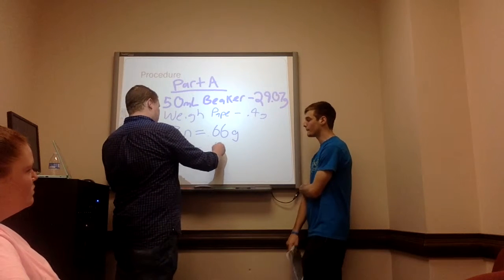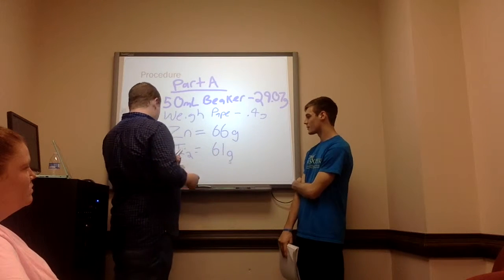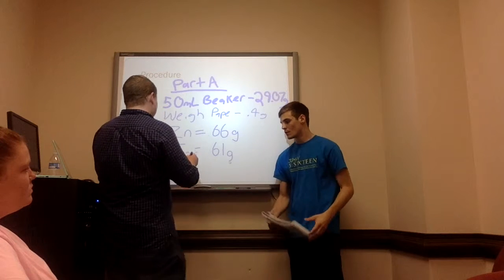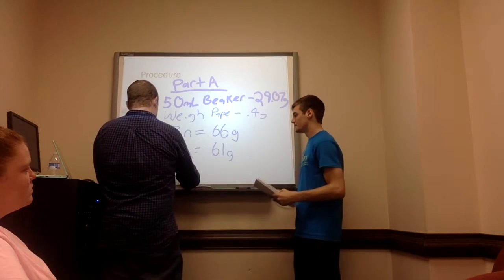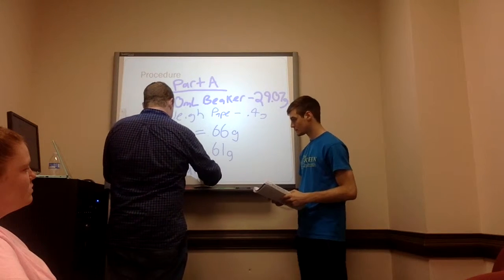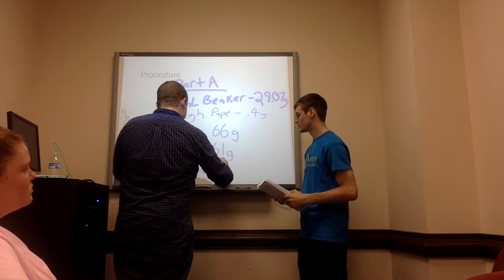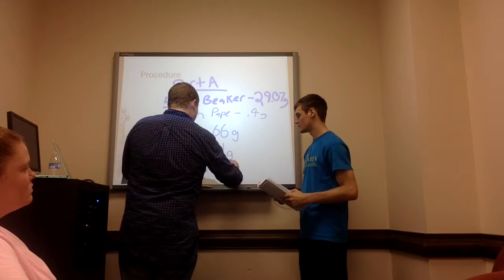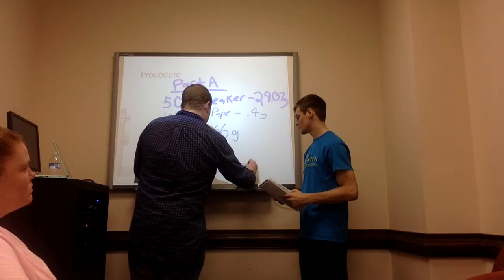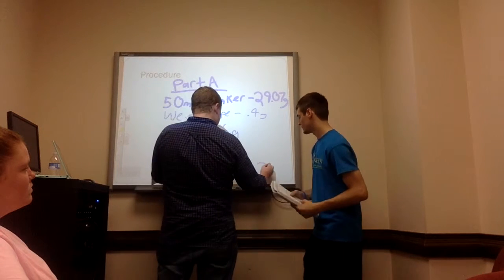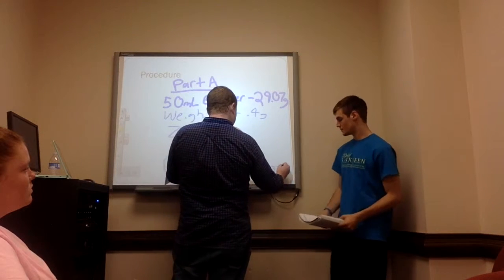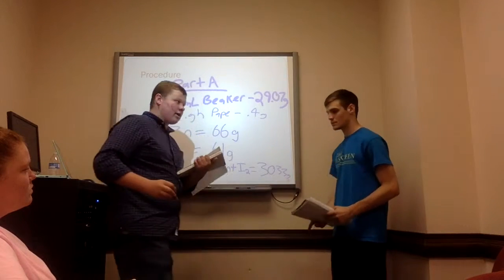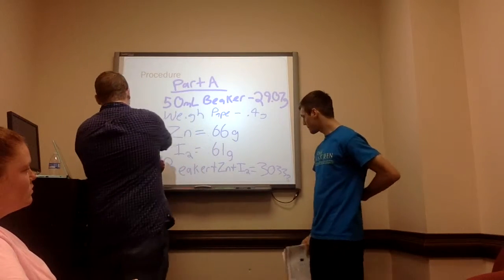Correct, 0.61 grams. And so that adds up for your total weight of the beaker, the zinc, and the iodine to be 30.33 grams, correct? That's what you said you had? Correct. Okay.